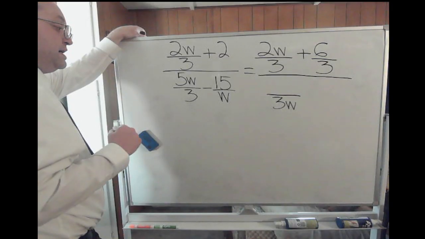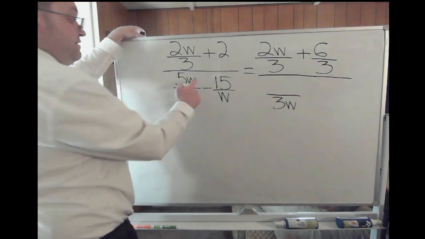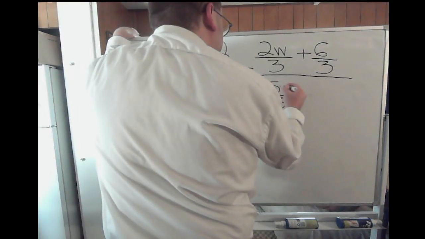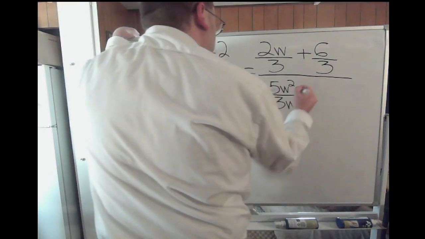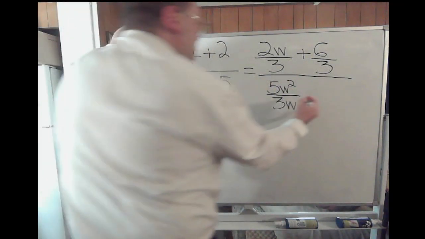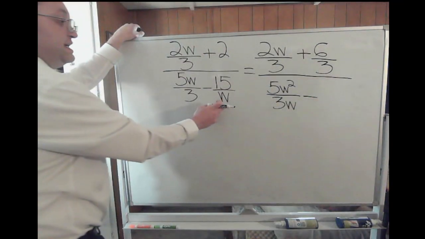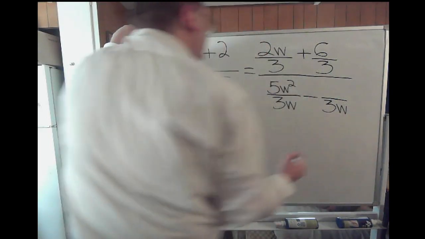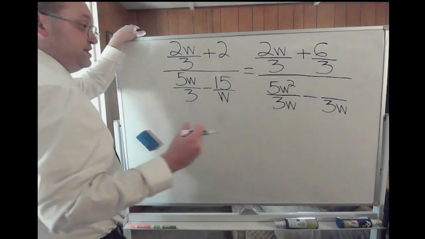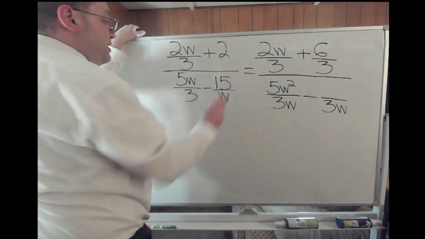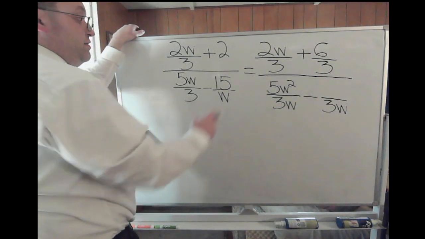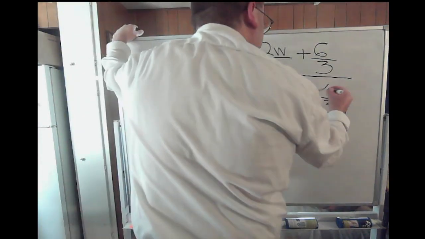Then you take that 5w and multiply it by w, and you'd end up getting 5w to the second. Now, minus, we need to convert that w into a 3w, so we have to multiply the denominator by 3. You'll get 3w. But what you do to the denominator, you have to do to the numerator. You would have 15 times 3, which is 45.